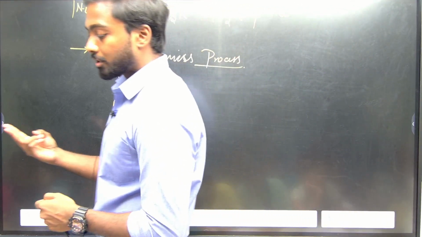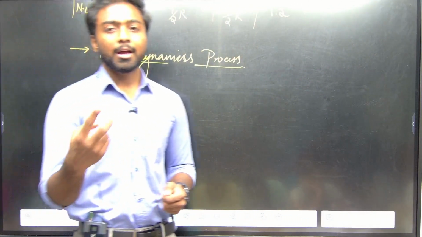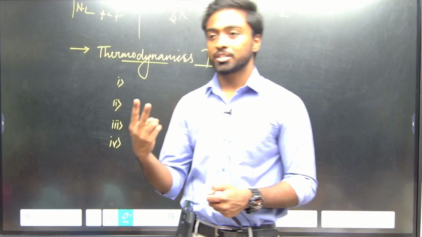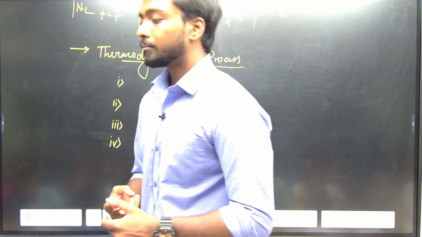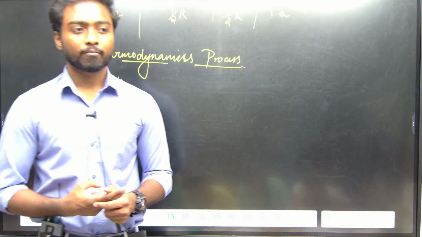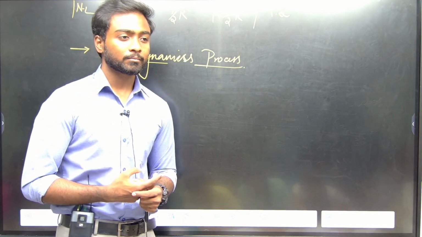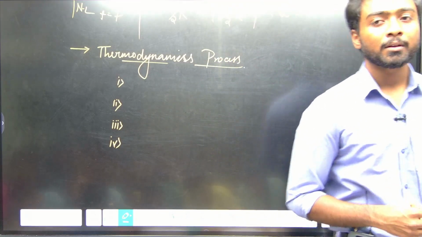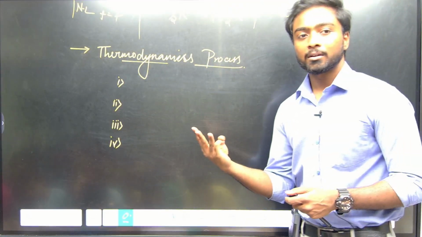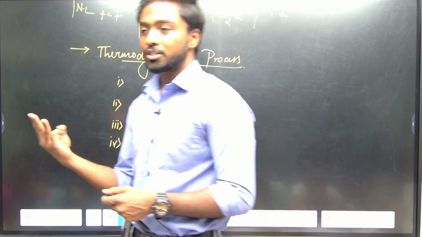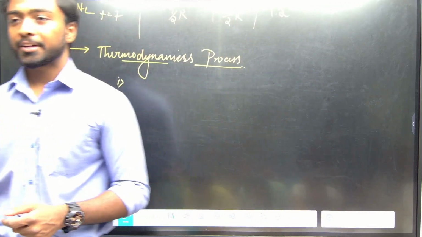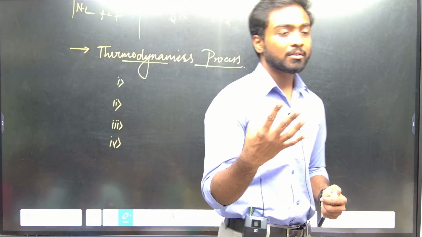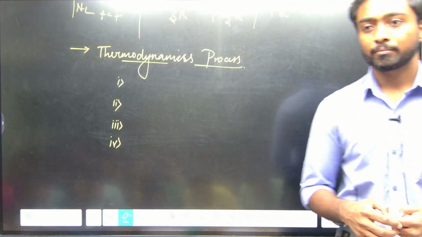Isochoric or isometric process is volume constant. Isothermal process is temperature constant. And the fourth one is adiabatic process, no heat exchange.